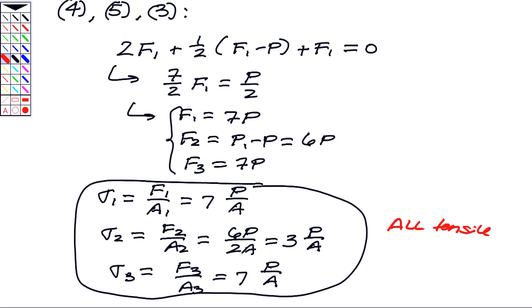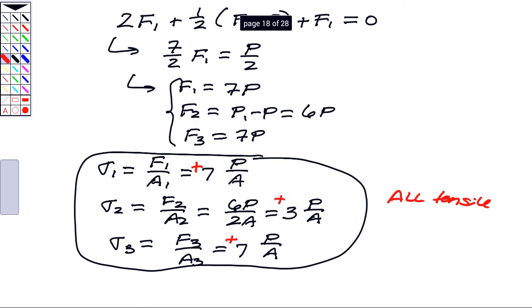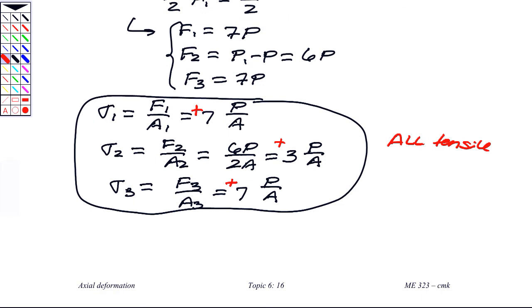How do I know that? Well, I assumed at the beginning all the members were in tension, and as a result of that, I got plus signs all the way through, which means that my assumption was correct. So we can go back through and calculate the displacements there for B and C. That's really an afterthought here, but UB is equal to E1.